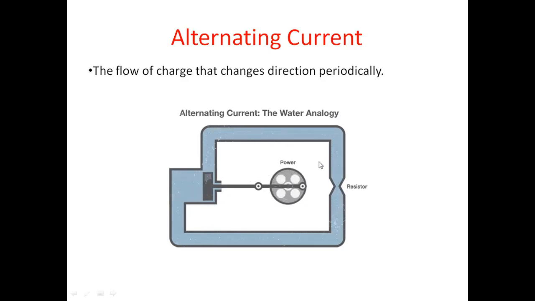This is for the water analogy, and for our AC circuit the current flows in either this direction or the other direction, and the resistor is the opposition to the flow of current in the electrical circuit, just as here it opposes the flow of water.